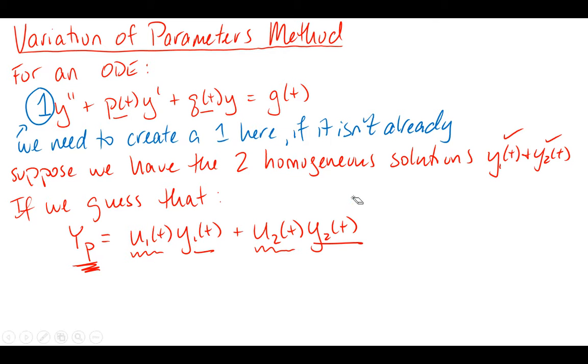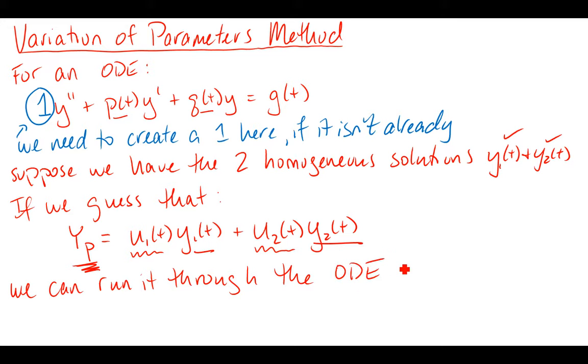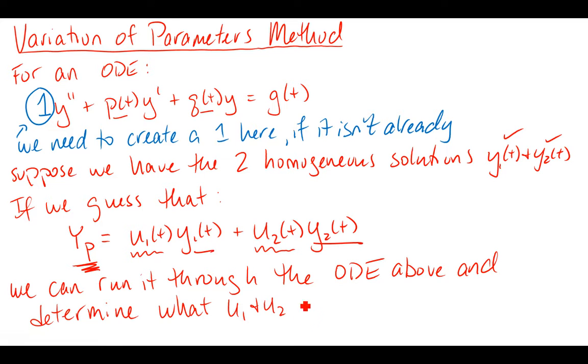So, as usual, we can run it through and determine what u1 and u2, my two helper functions, must be to make our guess, yp, work.